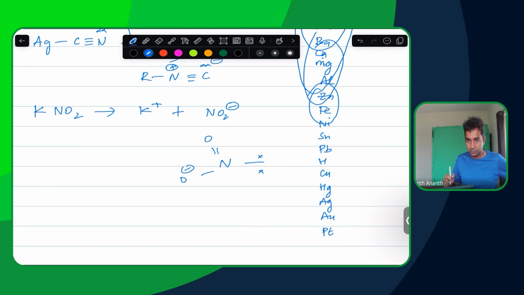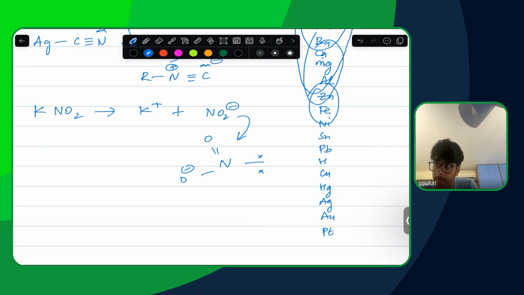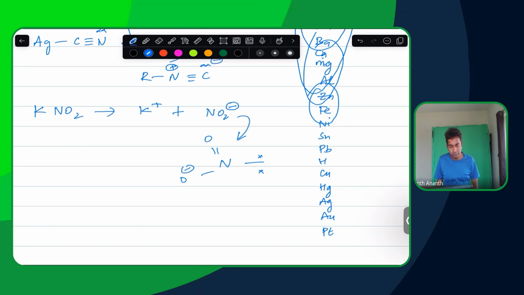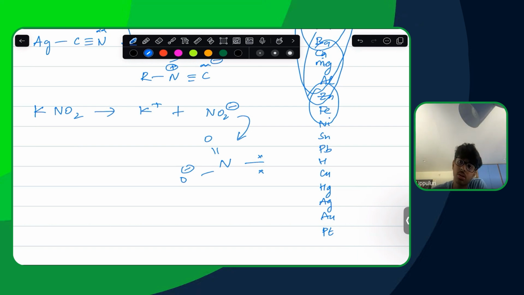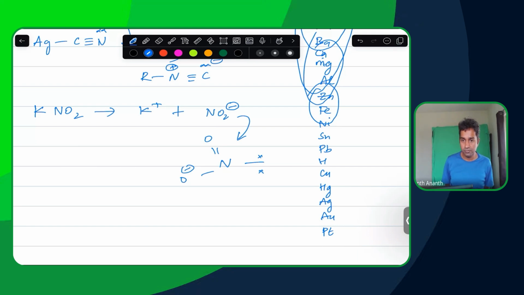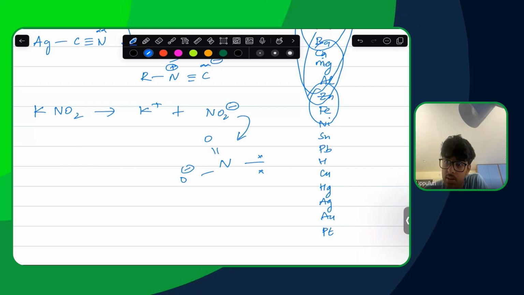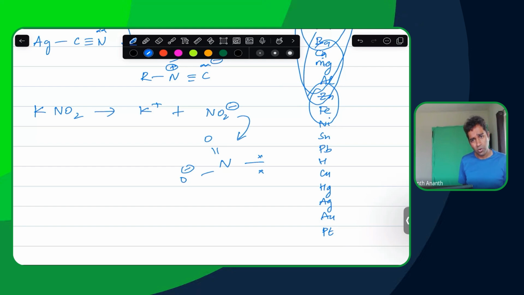If I have this species here, the nitrite ion, this is my NO2 minus ion, which end will attack here? Which end is more nucleophilic here? The O minus. Correct. So O minus will attack over here.